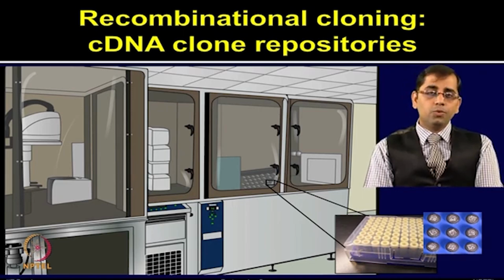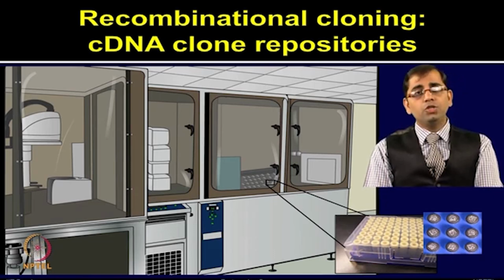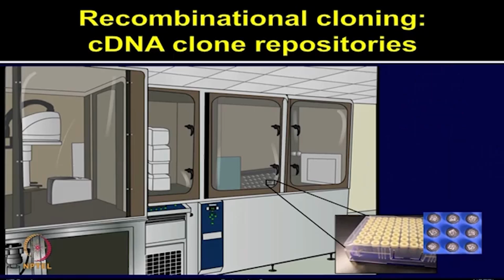All of these clones are stored in these automated clone repositories so that each tube contains a full length coding region that can be easily located and utilized without disturbing the other clones. The Gateway recombinational cloning strategy allows DNA fragments flanked by the homologous recombination sites to move from one vector to another in a single step procedure, in frame and without any mutations.